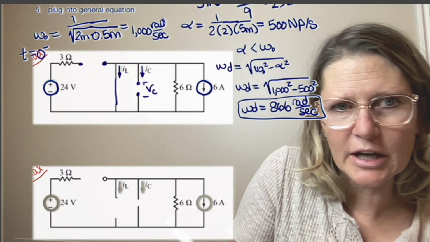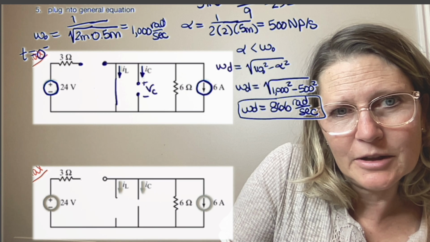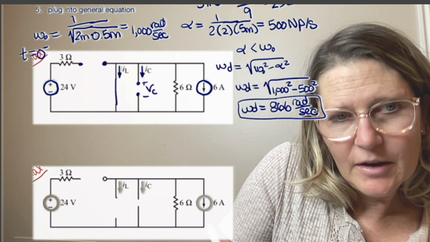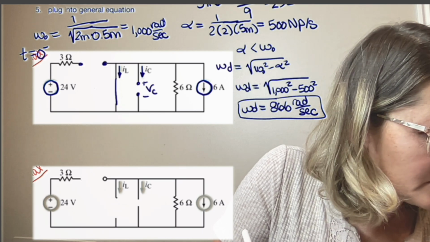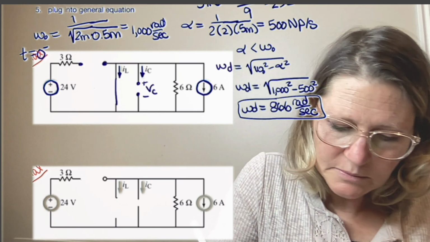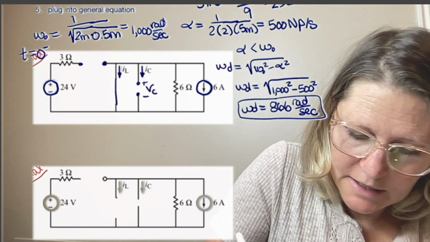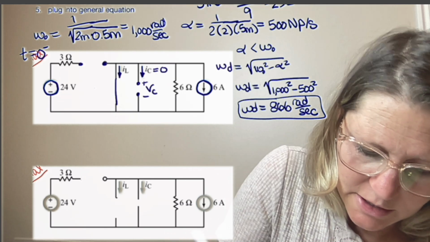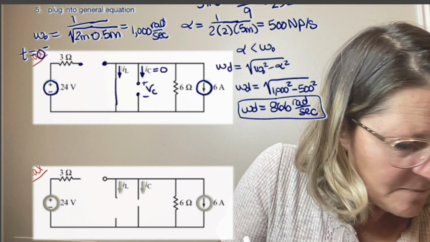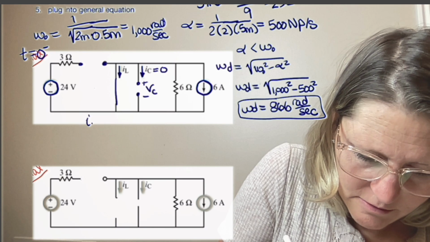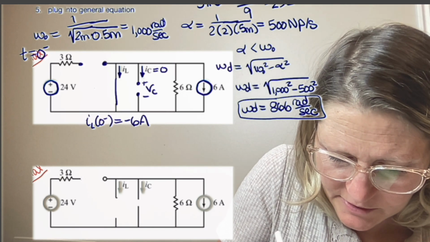So all of the current is actually going to flow through IL, and so you end up with no current in the 6 ohms, and you're going to have 0 here. And so IL of 0 minus is going to be minus 6 amps.